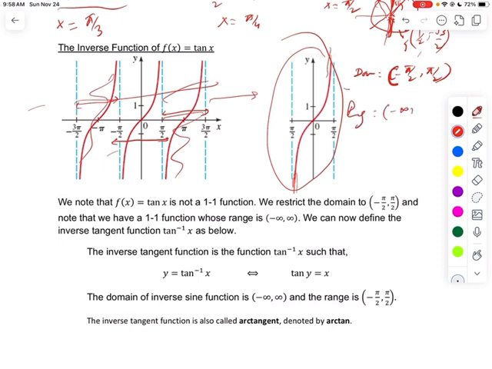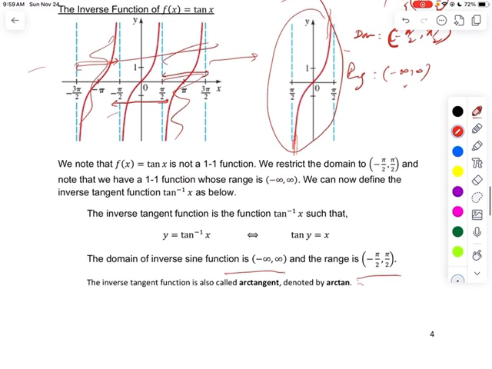Where are you looking at? So in order to avoid this and universally come to one conclusion, it's more common sense to take the interval negative pi over 2 to pi over 2.